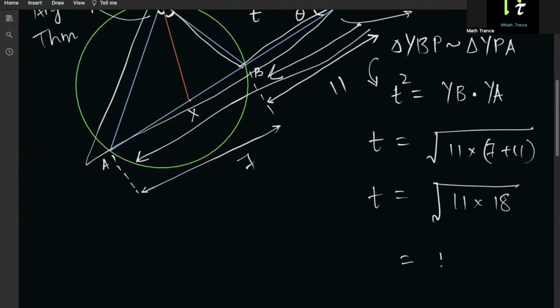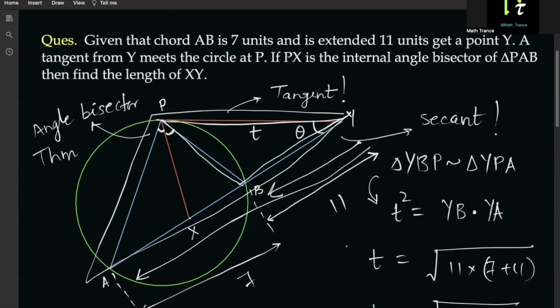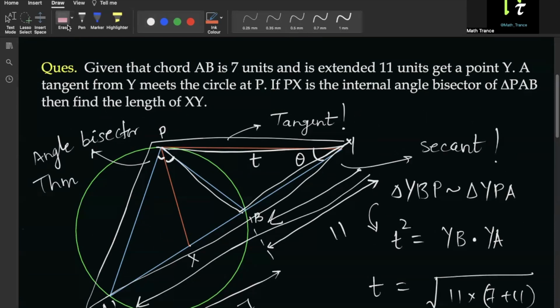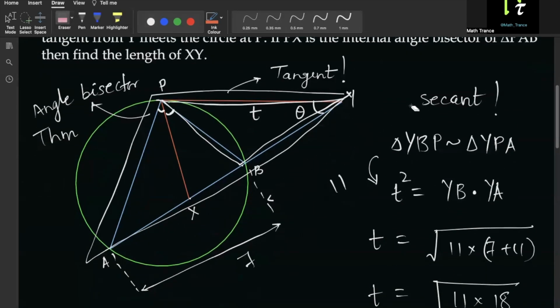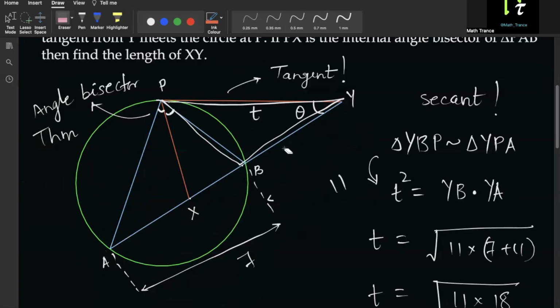Whatever it is, it becomes root 198. Okay. But now how to proceed further? After this, I'll have to erase all these things. Okay, erase this also, this also. Now how should we proceed further?